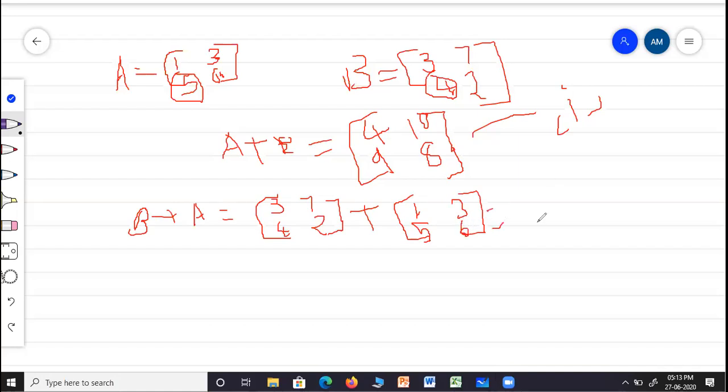Now we'll find the answer. Again add the element of first row, first column from both matrices. 3 plus 1, 4; 7 plus 3, 10; 4 plus 5, 9; and 2 plus 6, that is 8. Let us call it equation number 2.